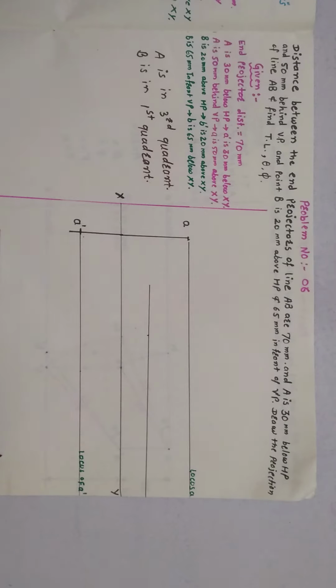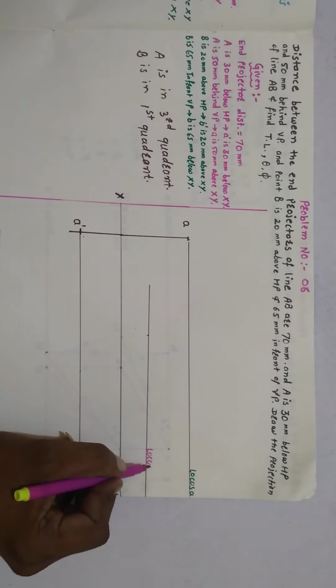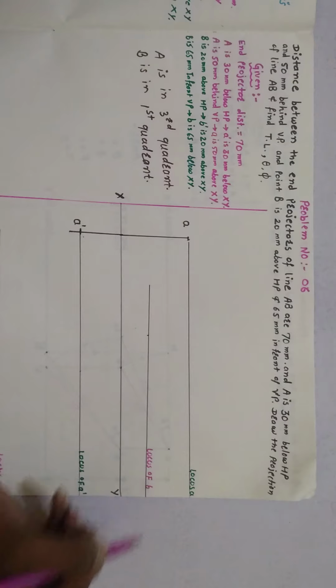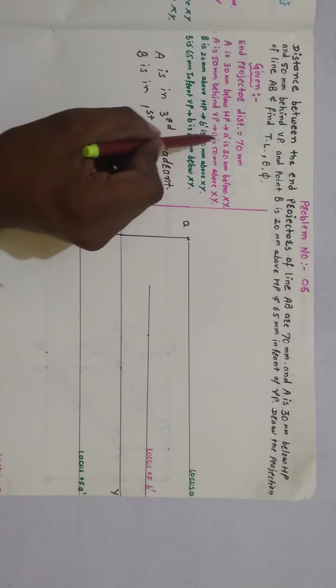Sorry, this is the locus of B dash and this is the locus of B. Now all these four data we have used.